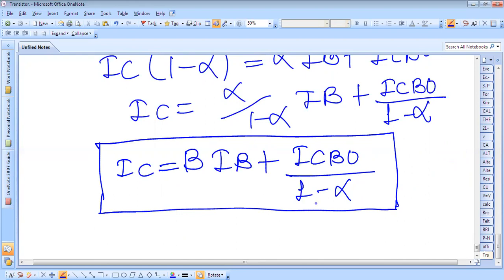Now ICB0 is very small, but we cannot neglect this current, and it depends upon the temperature. If the temperature is more, this current is going to become more. We have to take this into consideration. Even a small value affects the collector current. So this is all for the characteristics of the common emitter circuit. Thank you very much for watching the video.